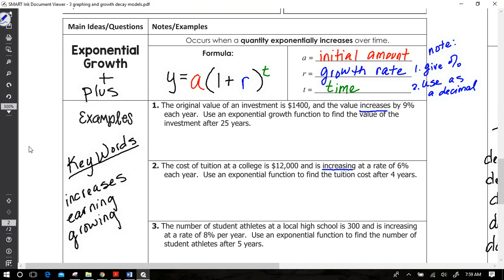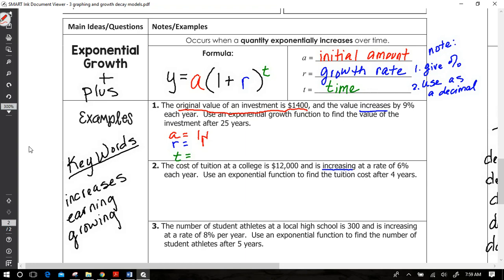All right, so let's go ahead and jump right in with example number 1. I am going to ask you in your notes to always identify what A equals, what R equals, and what T equals. Once we can identify these 3 values, then we can plug them into our equation and then simply use our graphing calculator. All right, so let's go ahead and read this. The original value of an investment is $1,400.